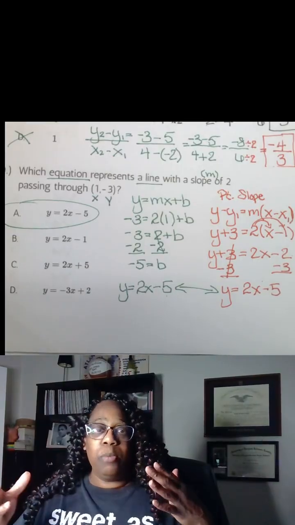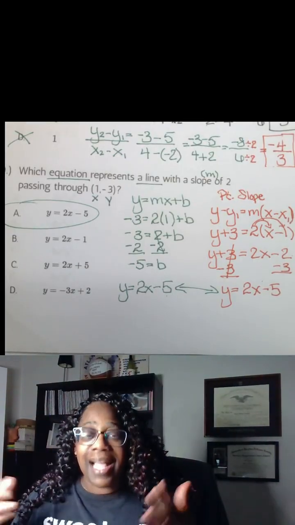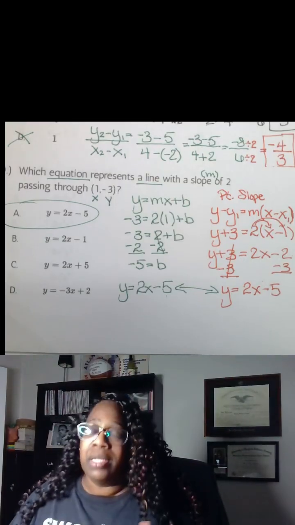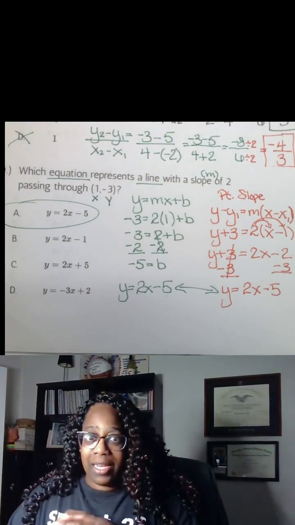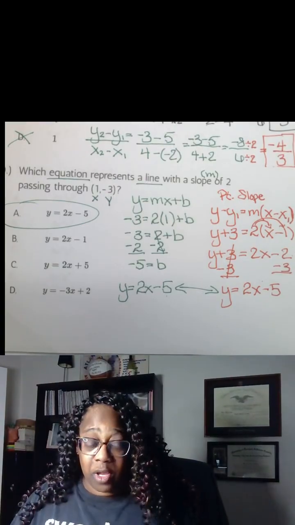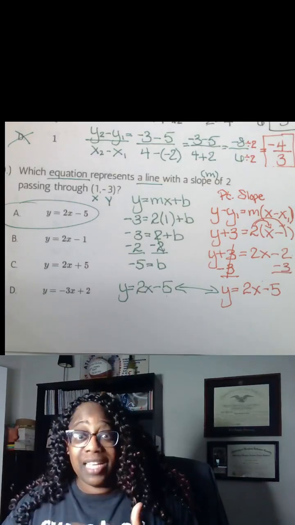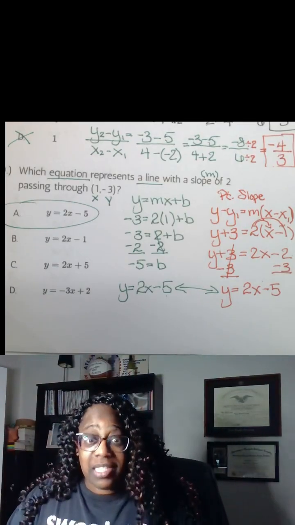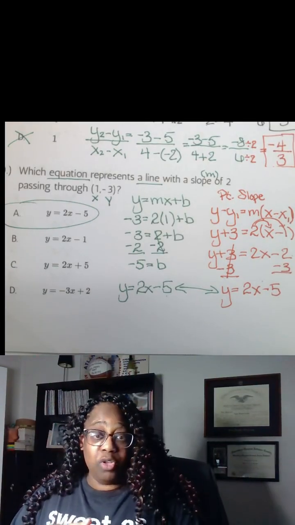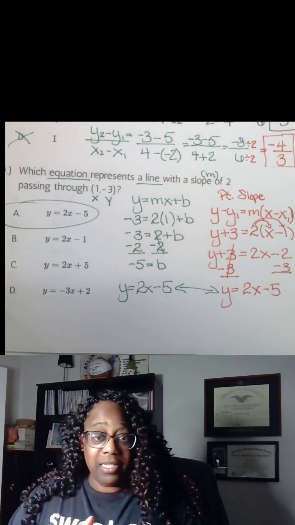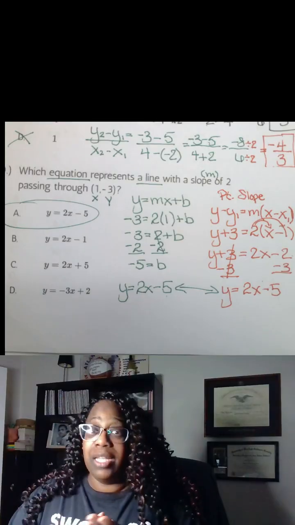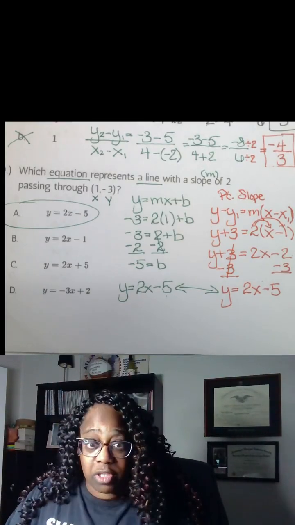Finding the slope of parallel and perpendicular lines, that's a 4-point question. Graphing a linear equation, 4-point question. Graphing linear inequalities, doing system of equations, either by graphing, substitution, or elimination, 4-point questions, straight across the board.